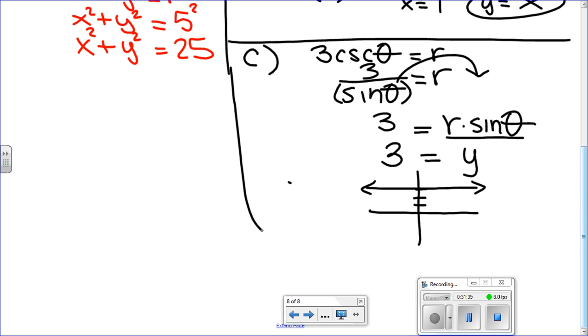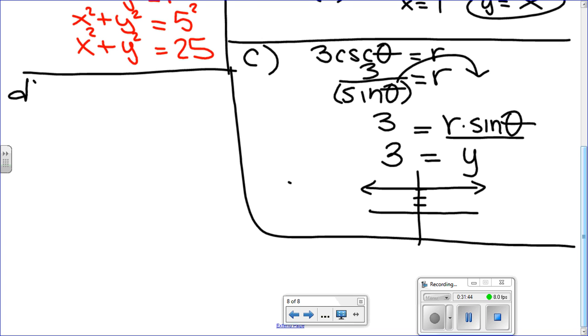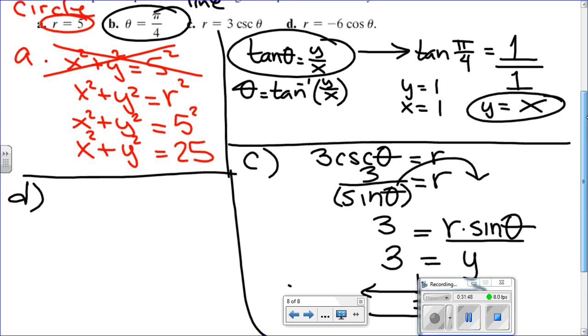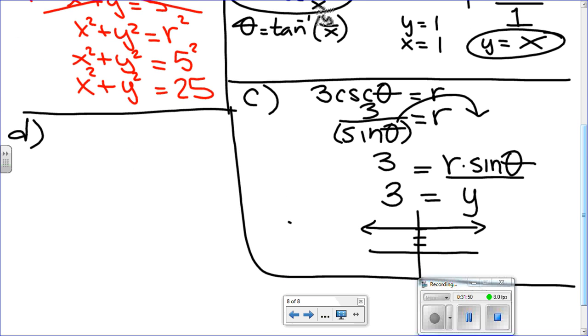Okay, now let's look at the last one, D. For that we have r equals -6 cosine theta. What should we do, guys?